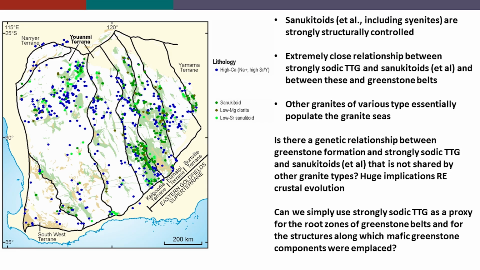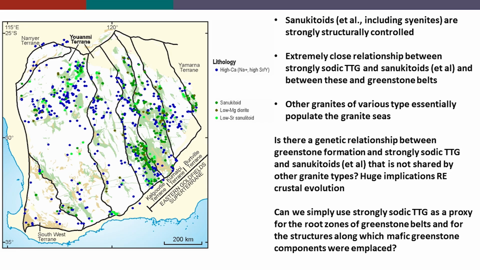So this begs the question: is there a direct genetic relationship between greenstone formation and strongly sodic TTGs and snookatoids that's not shared by the other types of granites? And if there is, in there somewhere are huge implications in terms of crustal evolution, but not only that, also in terms of gold prospectivity.